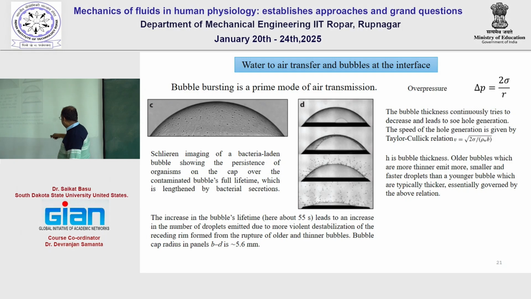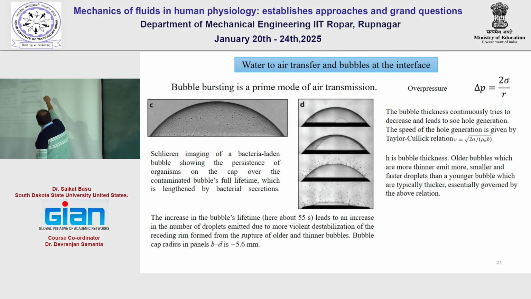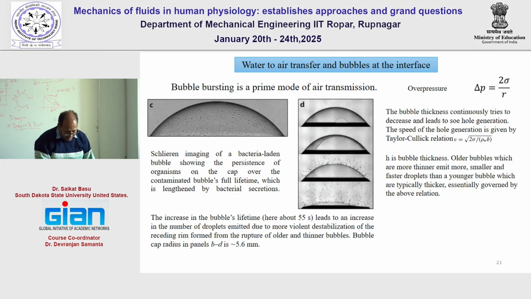Eventually, some sort of hole formation takes place and the bubble will burst. These are the different stages of bubble bursting that are captured here. Initially there is some hole formation, and as the hole spreads rapidly, there is emergence of secondary droplets on the hemispherical cap, and ultimately it bursts.